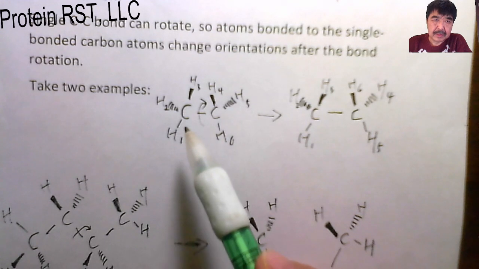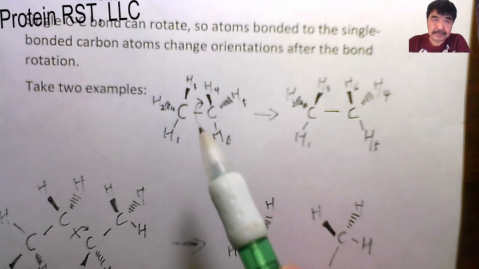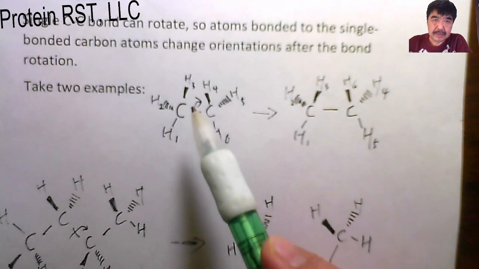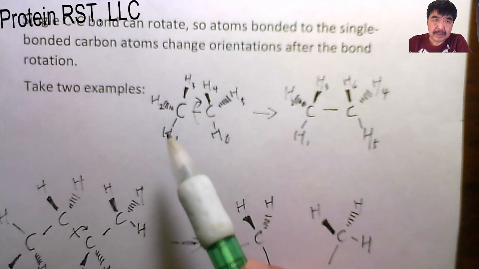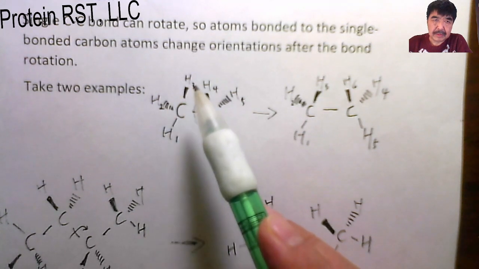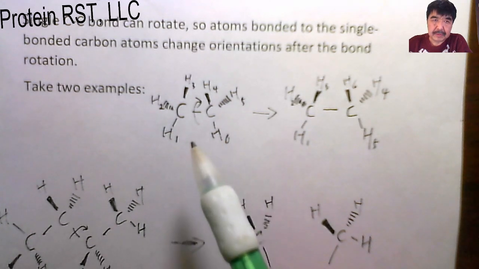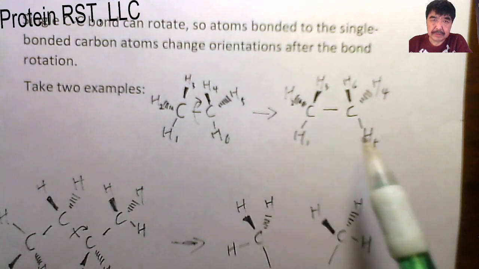This is ethane, a 2 carbon compound. If we number the hydrogens, after the rotation the orientation of the hydrogens becomes different.